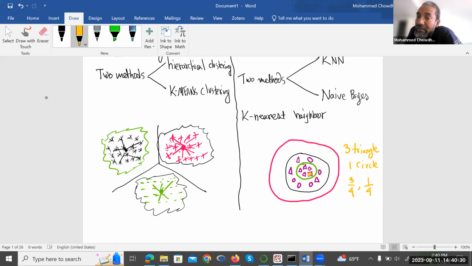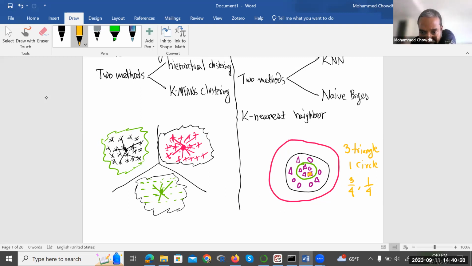So in this green circle area, if we want to predict what would be the form of a new image, that square, we can come up with that as 75% is triangle and 25% is circle. So my square would be a triangle.